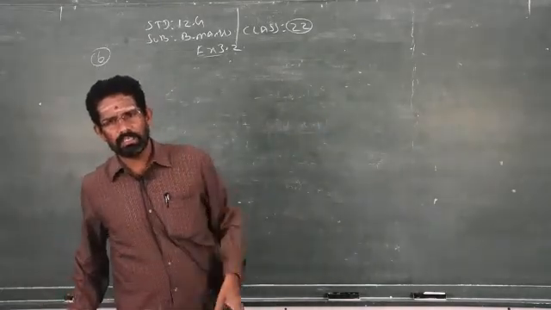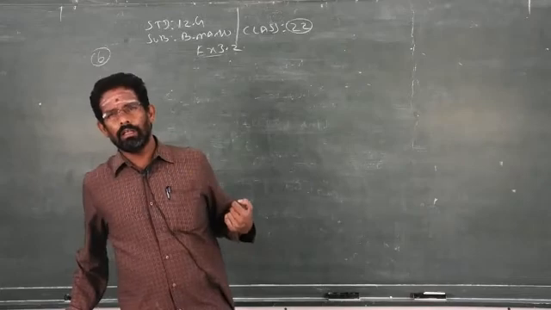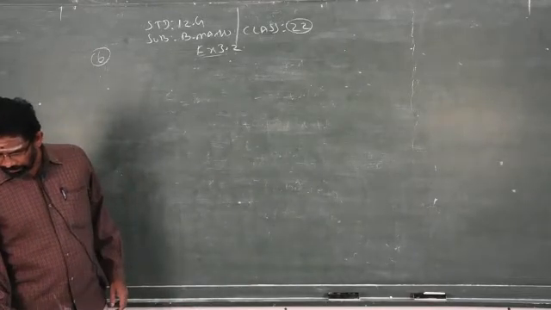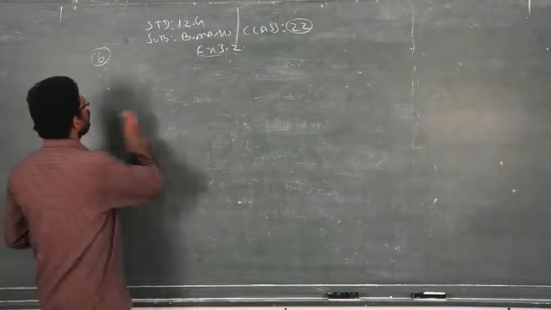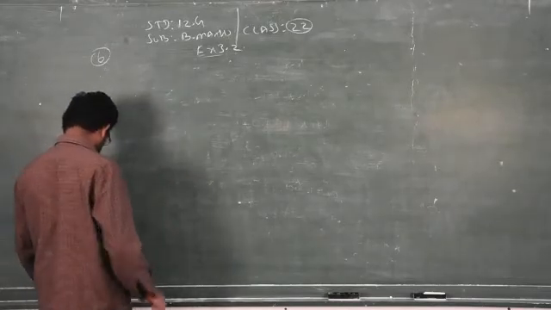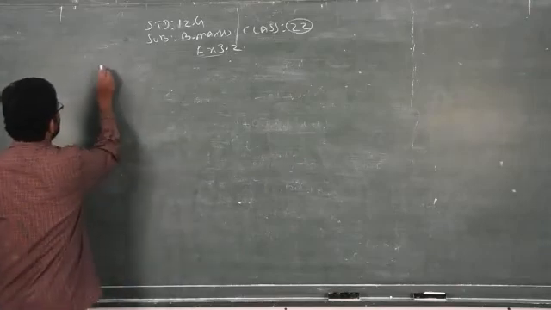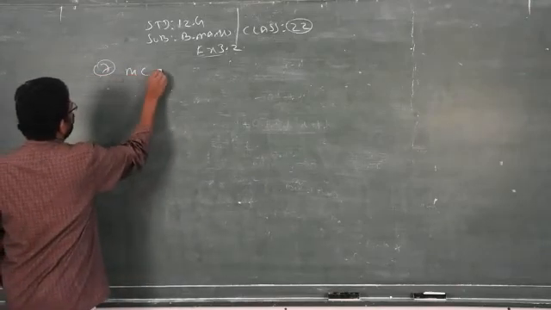If it is not mentioned, then you go for the indefinite integral. Sum number 7, it is given very clearly MC. MC means what? Don't go for some other meaning. MC stands for marginal cost.